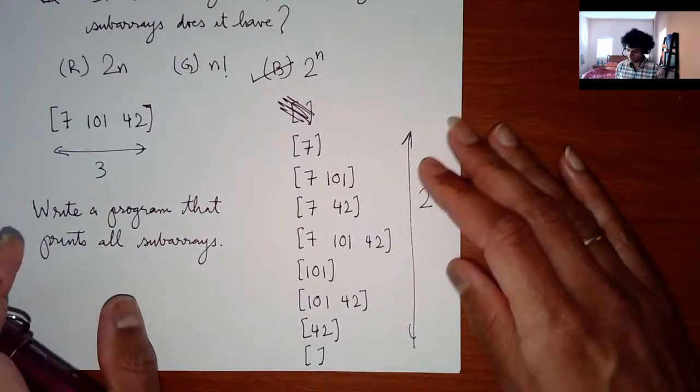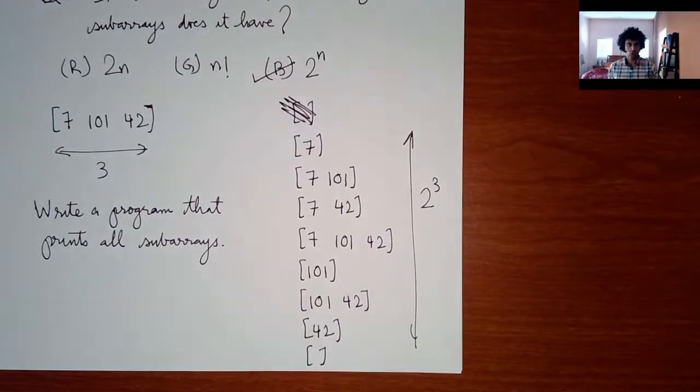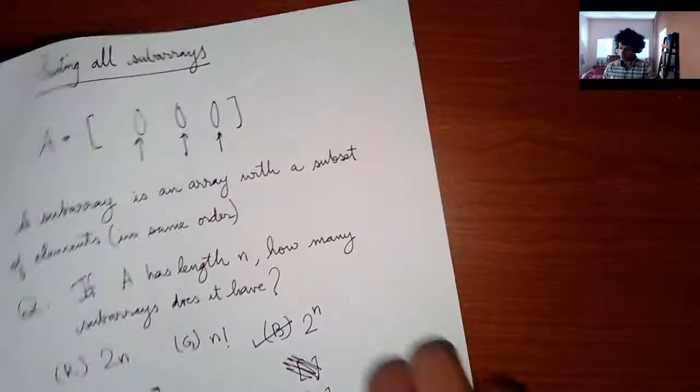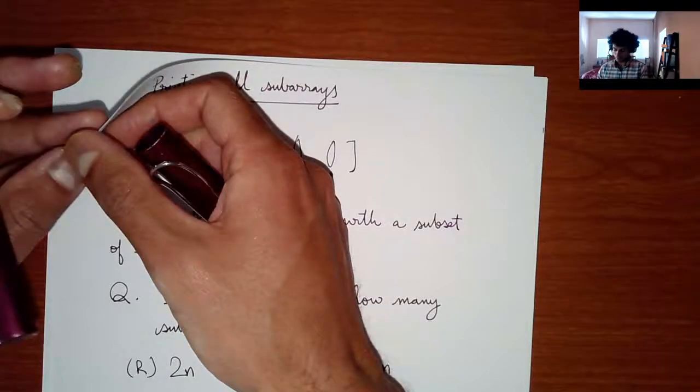I've written this in this way to show you something. I'll write this out, and then you can go back and look at it. How do you actually go about writing a piece of code that would print all subarrays?